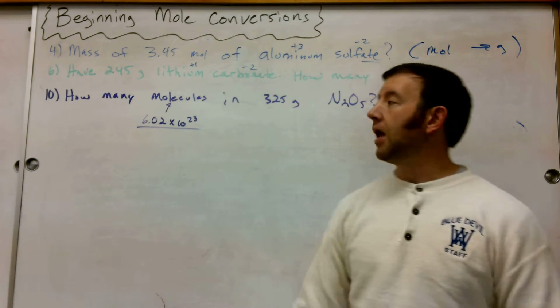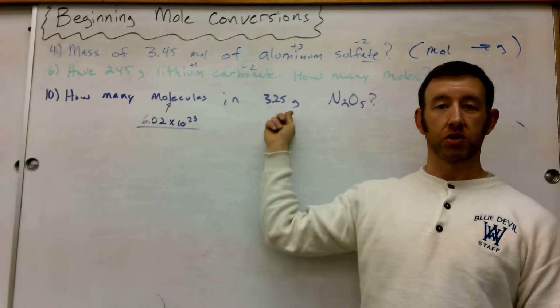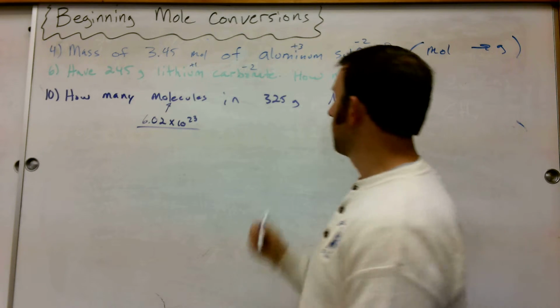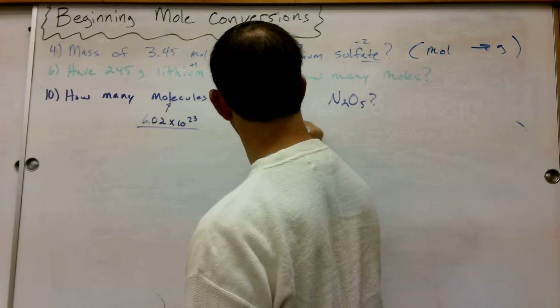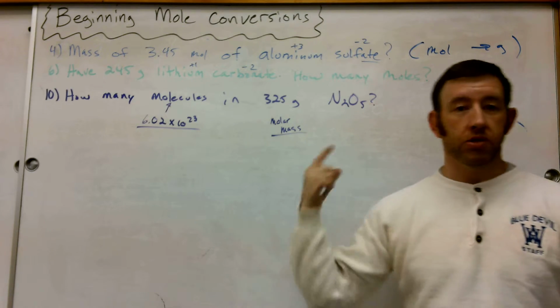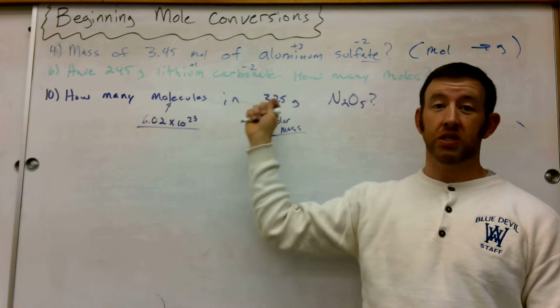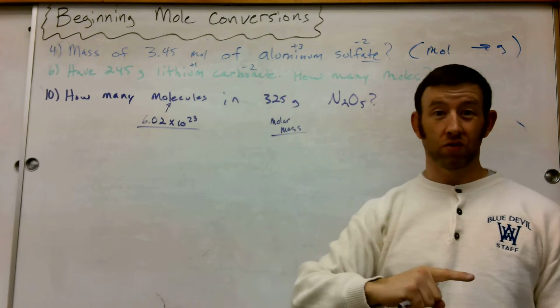Now, I also see grams in my question, which also means I'm going to need to know my molar mass. So there's two numbers. Because I see grams and molecules in the same question, that tells me I'm going to have to do two conversions.